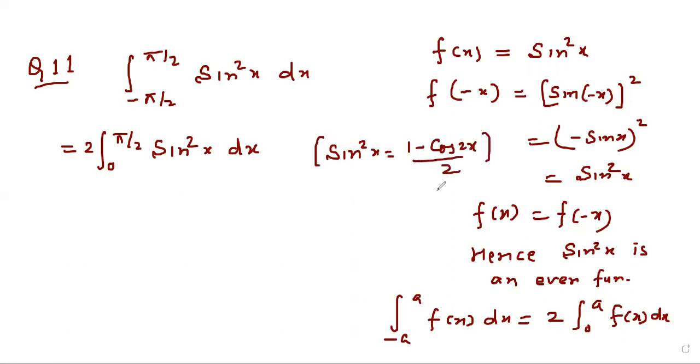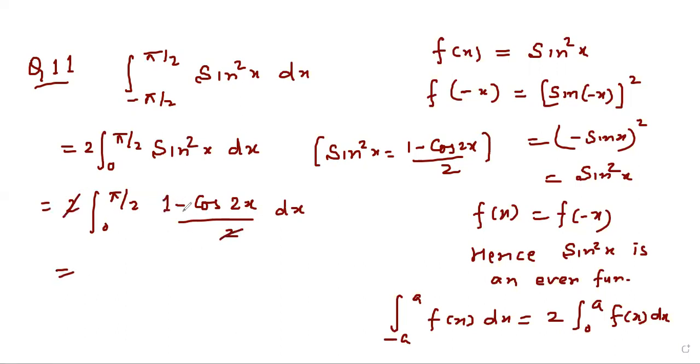So that property we can apply here. So it will be twice the integral 0 to pi by 2 of (1 minus cos 2x) divided by 2 dx. This 2 will cancel out, and then we will be left with 1 minus cos 2x dx. We can integrate. So 1 will give x, cos 2x will give sine 2x divided by 2, from 0 to pi by 2.